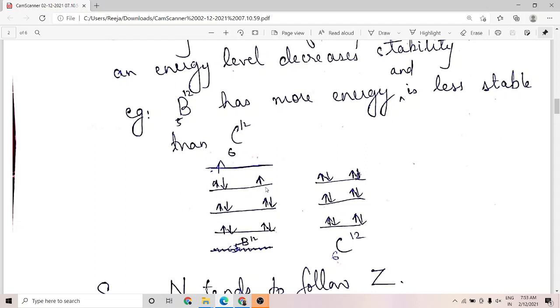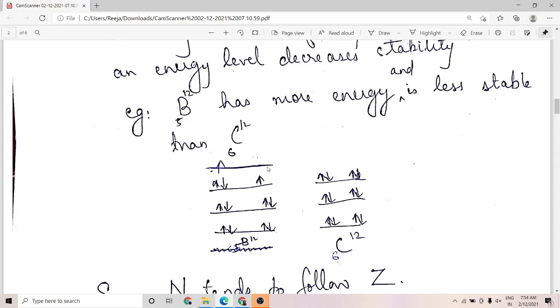Third energy level, but you have only 5 protons, so only 1 proton will be there, and there will be 2 neutrons. The number of neutrons is 7, and in the next energy level, you have the 7th neutron with a particular up spin arranged there. So you see there is an unpaired neutron here, there is an unpaired proton here. That means unpaired nucleons increase the energy and decrease the stability.